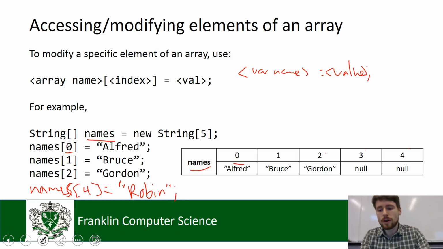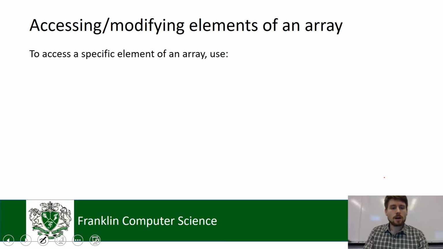If you said names[4] equals Robin, that would give us Robin over here, and index 3 would still be null. That's fine, it's okay for us to skip. We don't have to go in sequential order. I was just doing it in sequential order to make it easier on us. You can access any one at any time. It doesn't have to be in sequence.